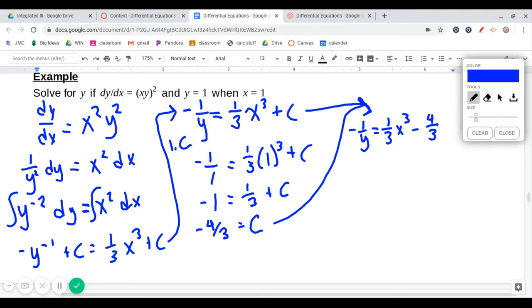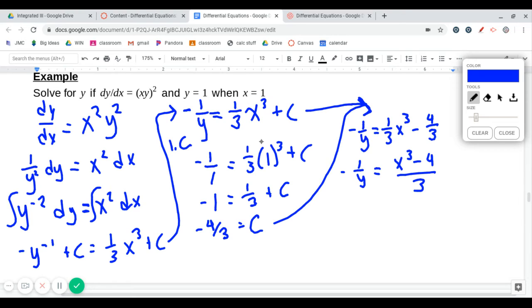So now, if we want to solve for y, let's combine the fractions on the right-hand side. So this is negative 1 over y equals, do you see how these are both fractions over 3? So we're going to write this as x cubed minus 4 all over 3.